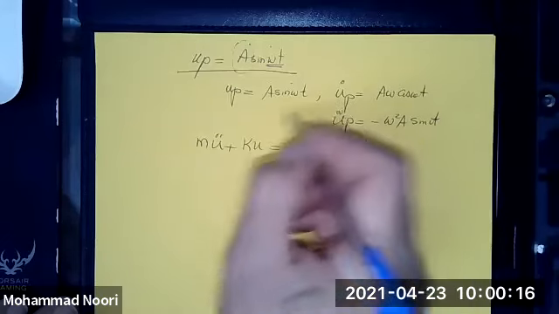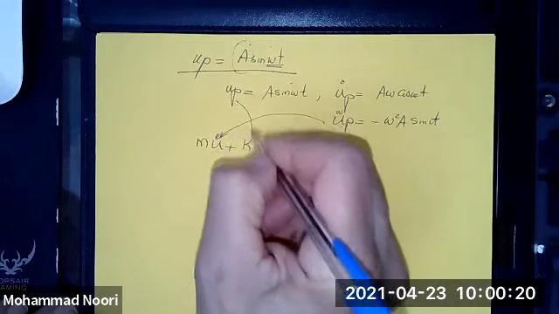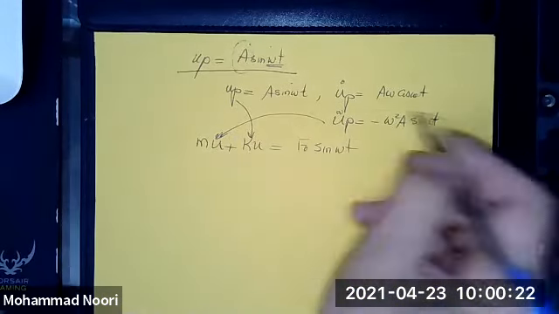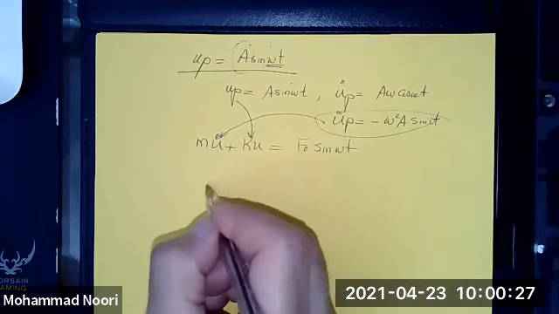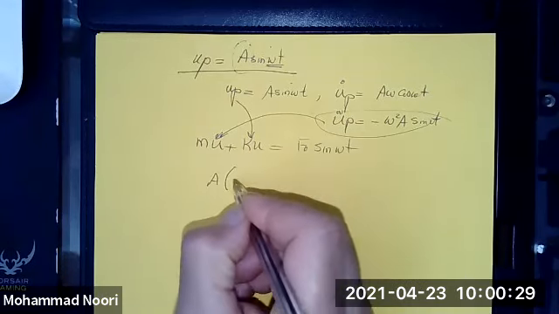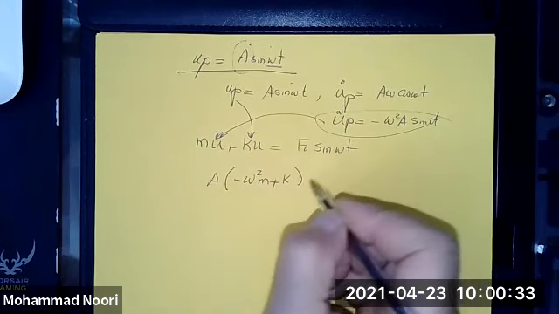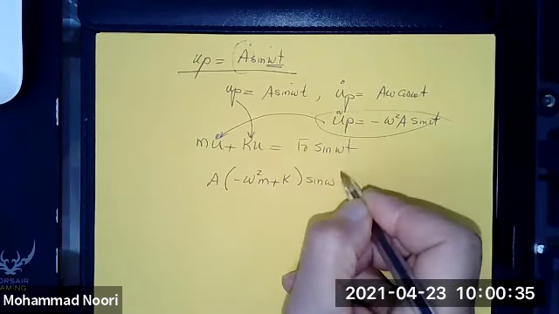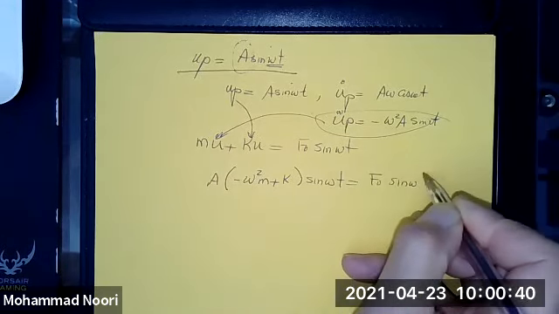In other words, you substitute those values here, acceleration and this. If you do those substitutions, you end up with something like this: minus omega squared m plus k, times A sine omega t, is equal to F naught sine omega t.